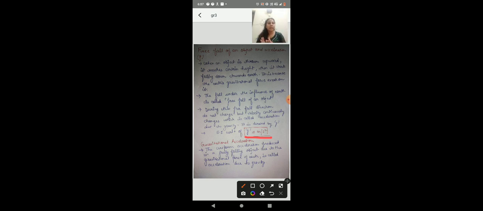Uniform means constant, and acceleration means an object is moving with changing velocity. Acceleration is occurring in the case of gravitation due to gravity.